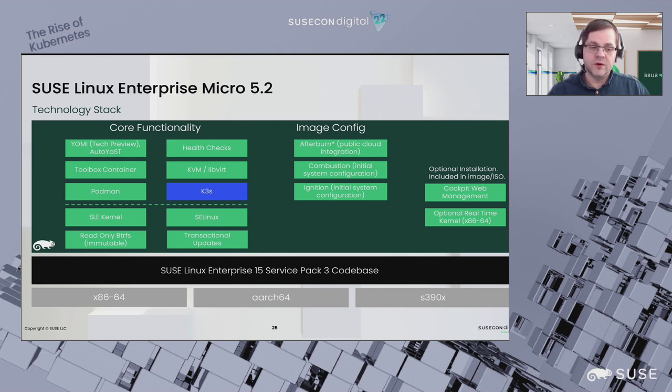We are using the SLE kernel, and we are enhancing the SLE experience with Podman as a default container runtime, the Toolbox container for easy debugging, the health check daemon to enable the operating system to automatically heal from certain conditions, and we are hardening this by using SELinux with a fully supported policy.